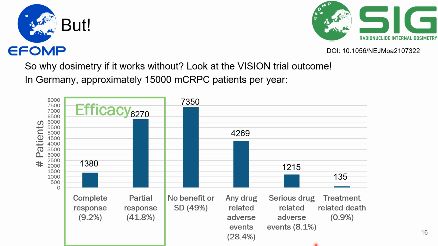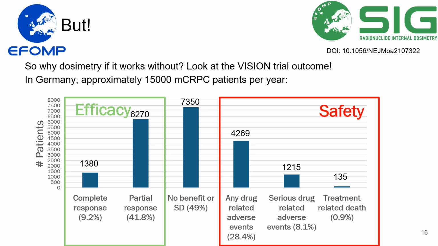And looking at side effects and toxicity here on the right, there will be more than 4,000 patients experiencing any drug-related adverse event, and more than 1,200 patients experience a serious drug-related adverse event, and around 1% will actually die due to lutetium PSMA therapy, which corresponds to more than 130 patients. And this is not acceptable from the safety standpoint, and we believe that with dosimetry we can do better.